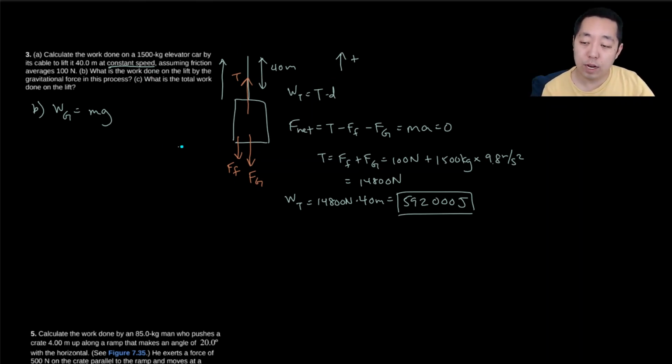That means the force of gravity is negative because gravity is going down. So negative mg times d. So this is negative 1,500 times 9.8 times 40, and that's negative 588,000 joules.